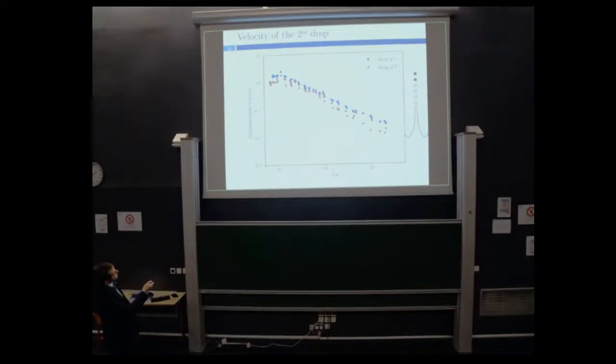As you can see, the behavior of the second droplet is the same as the behavior of the first droplet. Another important point is that the ejection velocity of the second droplet is a bit slower than that of the first drop. If we observe now the ejection of the third droplet, again, we have the same behavior with a lower velocity compared to the first drop.